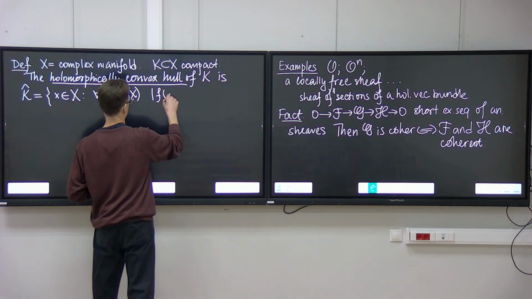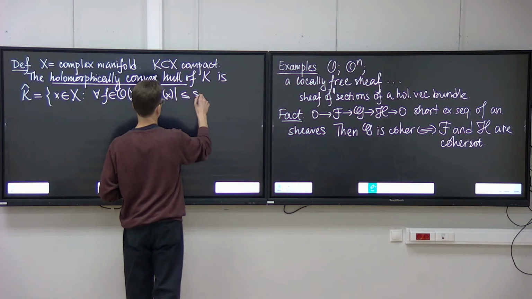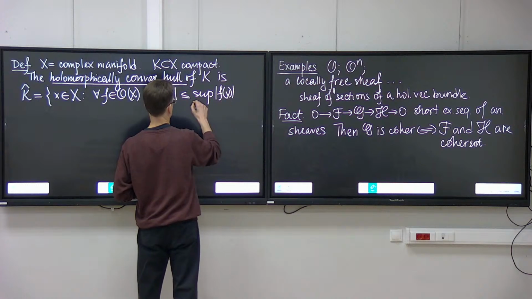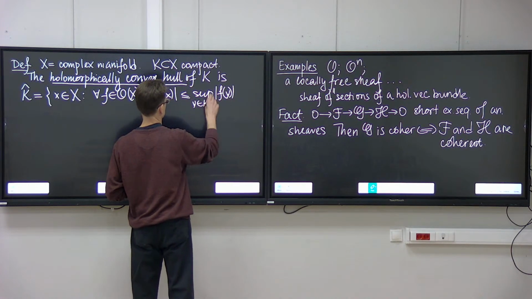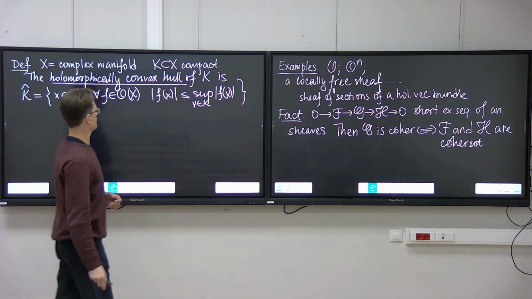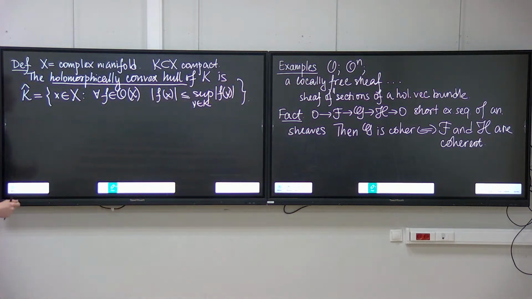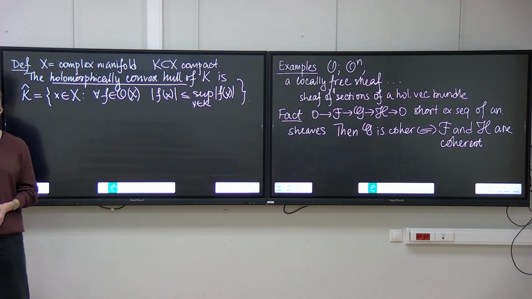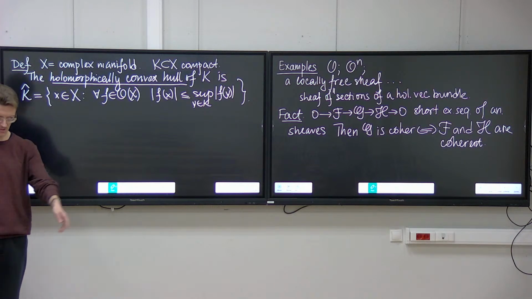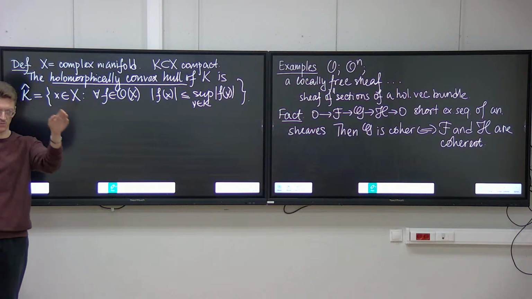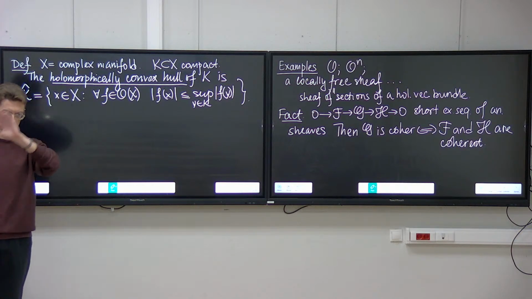The absolute value of f of x is less than or equal to the supremum of f over K. For example, if X is the complex plane and K is the circle, then the maximum modulus principle implies that the holomorphically convex hull of the circle is the closed disk.